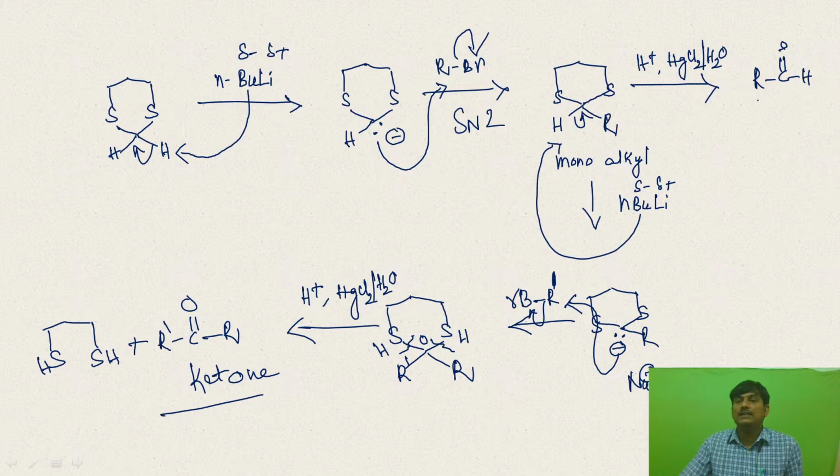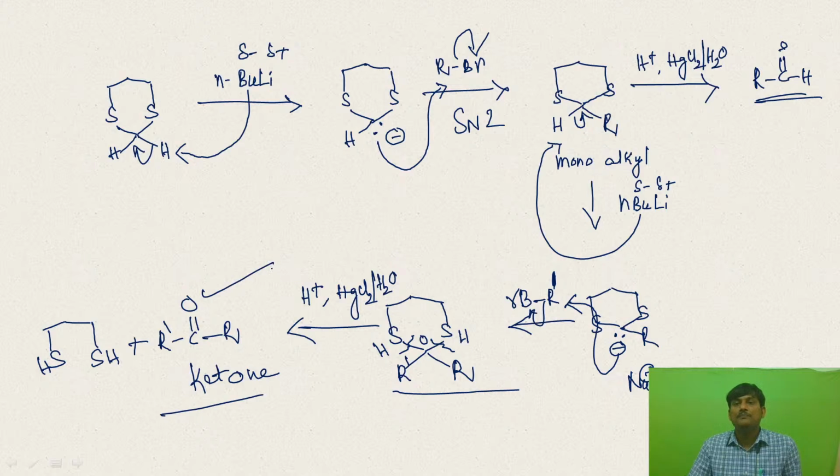At this stage you will get aldehyde. But if you convert monoalkyl substituted 1,3-dithiane into dialkyl substituted 1,3-dithiane, upon acidic hydrolysis in presence of mercury chloride, there is a formation of ketone. This is the difference.